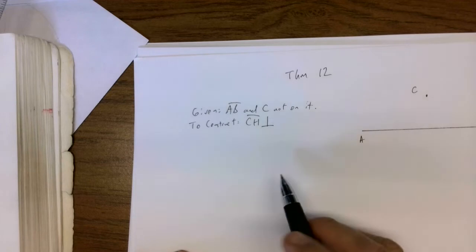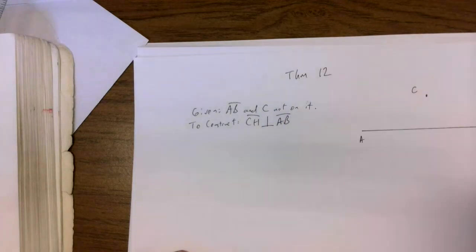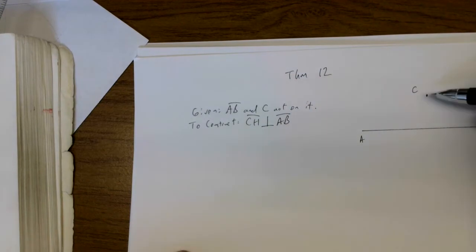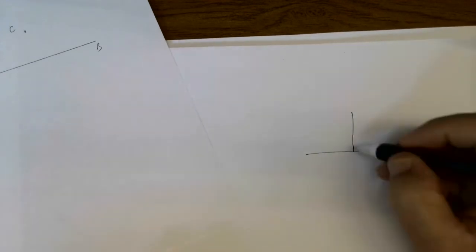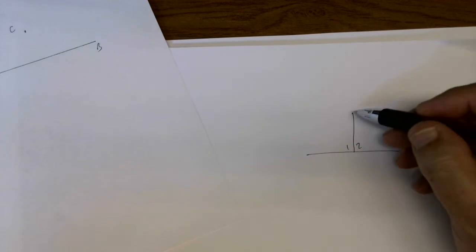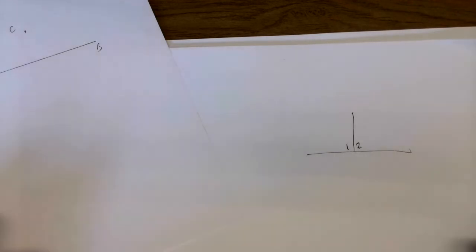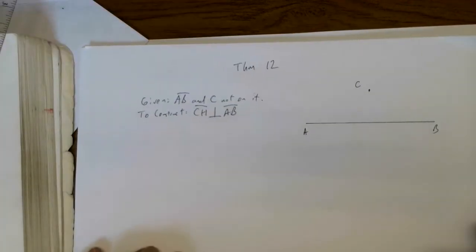That's what this upside down T means. It means perpendicular to AB. And of course, you know that Euclid's definition of perpendicular is one line standing on another line that makes the adjacent angles equal. So what we'll have to do is after we draw our CH, we'll have to prove that these two angles are equal in order to prove that it's perpendicular.